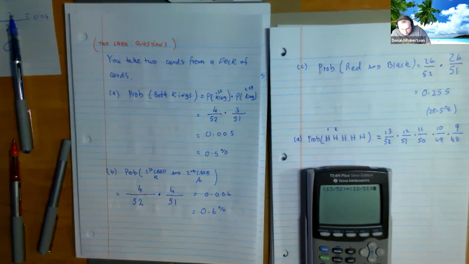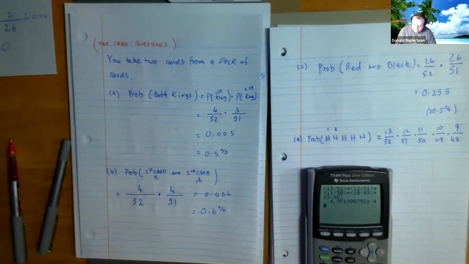Then I go times, another bracket, and I do 11 divided by 50. Then I go times, I'm almost there. Another bracket, 10 divided by 49 times, and one last bracket, 9 divided by 48. It's a bit cumbersome, but when I hit enter, I get the right answer.